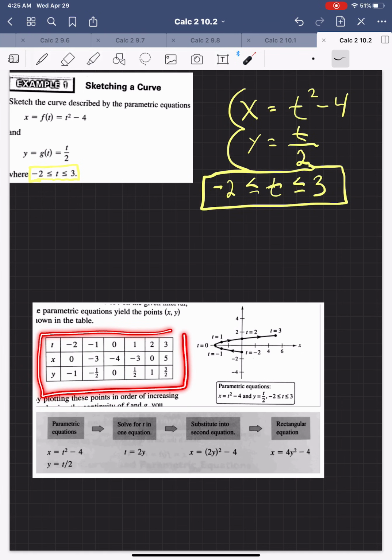If you plug in t values, like -2 for t, you'll get out an x value and a y value, and you can plot 0, -1. From 0, -1, you would get this dot that I'm highlighting right here. And then if you plugged in -1, you would get out -3, -1/2. You would get this dot here.